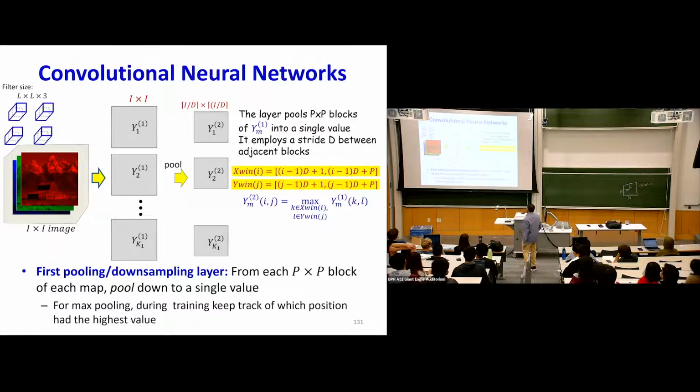Now, how is pooling done? At each position, you're picking up a small region of the input and taking the largest value. You're saying, here is the range of X values, here's the range of Y values, and I pick the largest value within it.